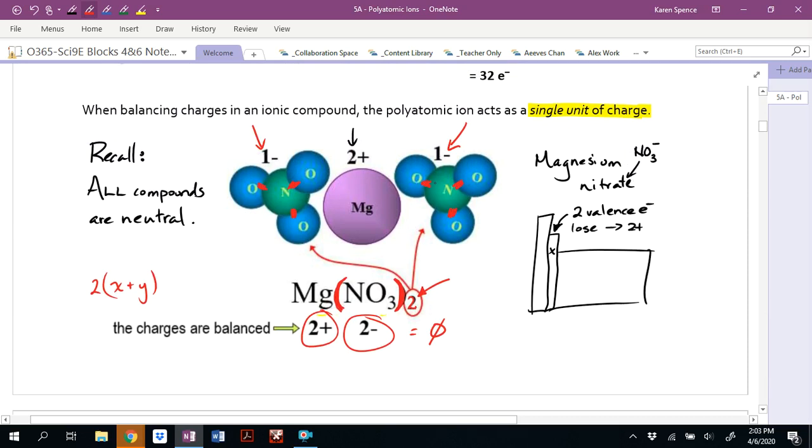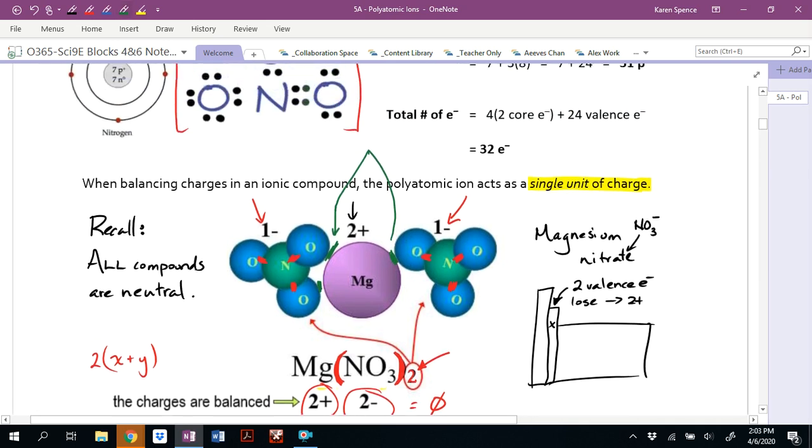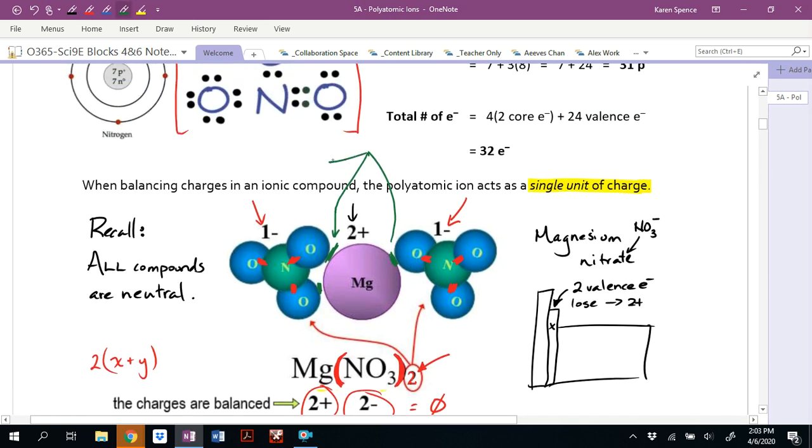But once we form the compound with nitrate and magnesium, I'm going to grab a different color here, maybe some green. In between the nitrate and the magnesium, that's not a covalent bond. That one is an ionic bond. Ionic bonds occur between ions.